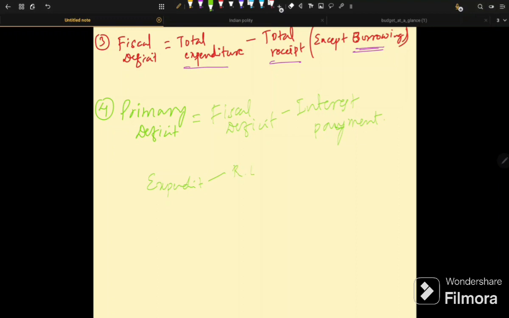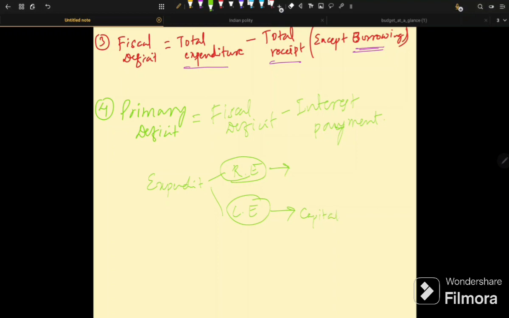One is revenue expenditure, another one is capital expenditure. Yes or no? Revenue expenditure, I already said, is not creating any asset. It is just for day-to-day administration, salary payment, like that. Capital expenditure is for creating capital assets, infrastructure, roads, ports, like that. It is creating assets for the country.